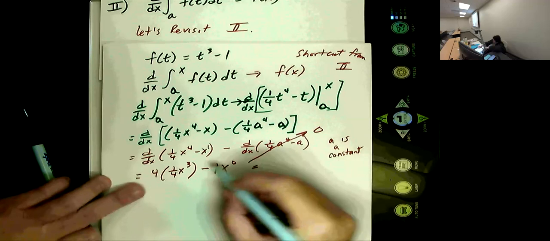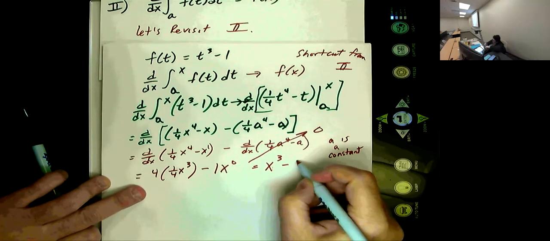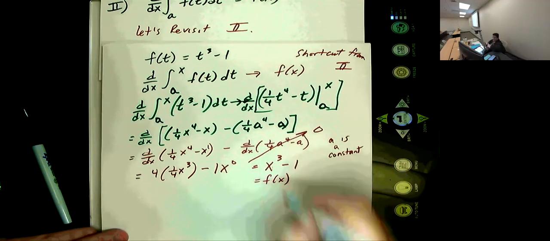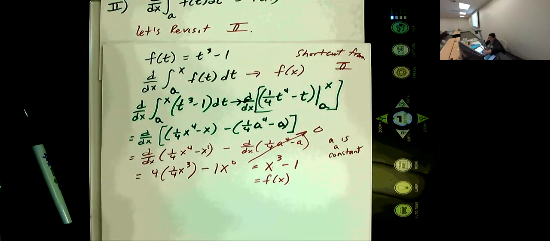The 4 and 1/4 cancel, we get x cubed, and x to the 0 is 1, and we get x cubed minus 1, which is f of x. So that's how the fundamental theorem will actually work out, showing that it's true.